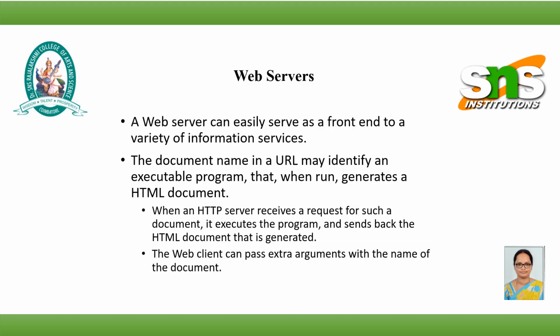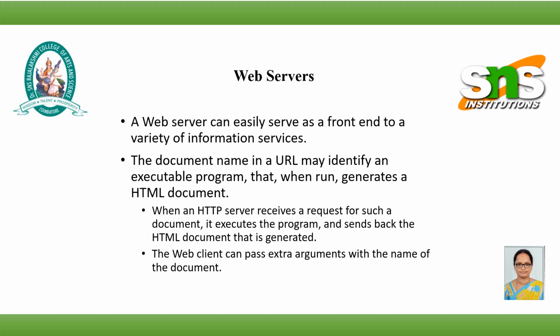Next, the web server. A web server can easily serve as a front end to a variety of information services. The document name in a URL may identify an executable program that, when run, generates an HTML document.